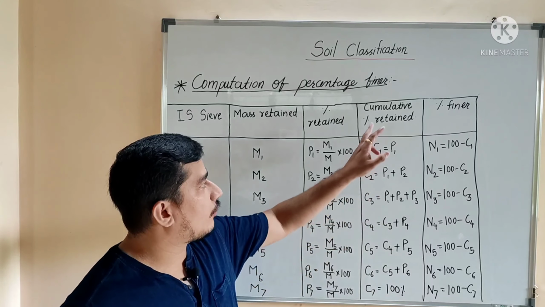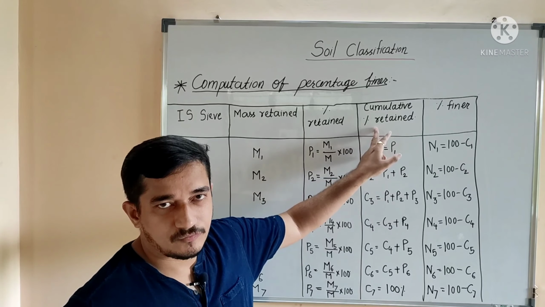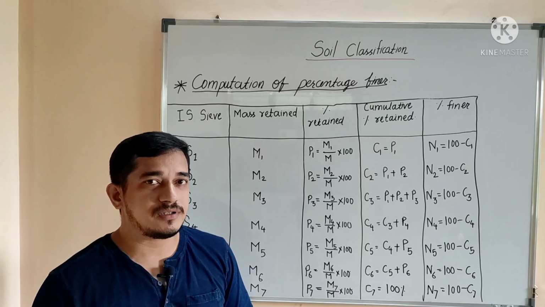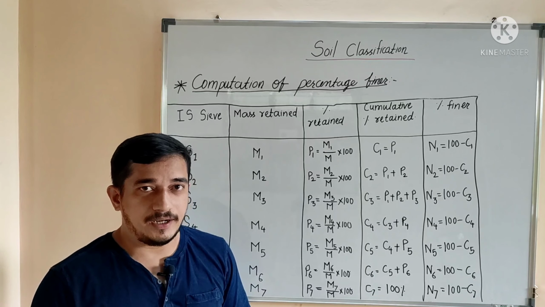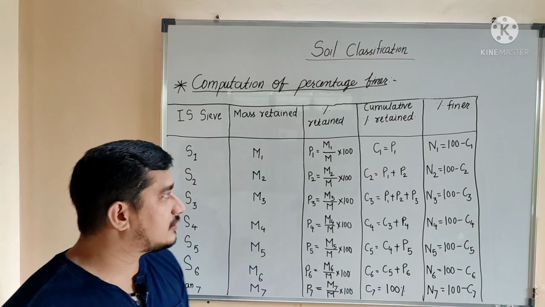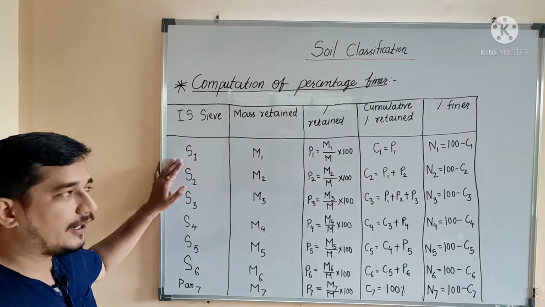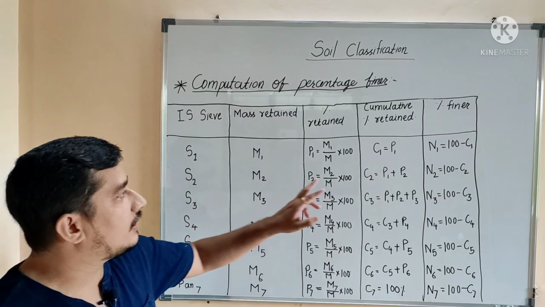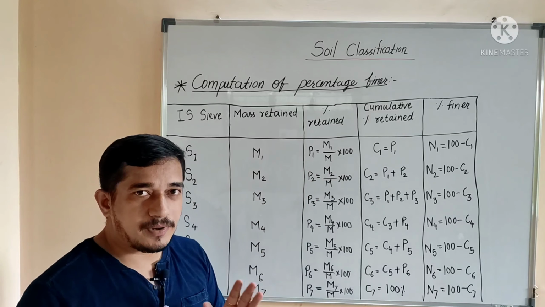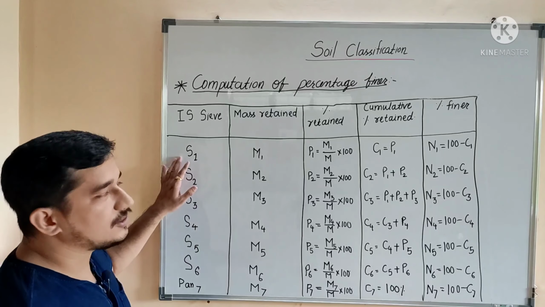The next column is about the cumulative percentage retained. Okay, so this gives us an idea about how much percentage of mass is retained on all of the above sieve sizes. So when I say S1, then the cumulative percentage retained is C1, that is nothing but P1. Okay, so P1 is nothing but the percentage which is retained on S1.